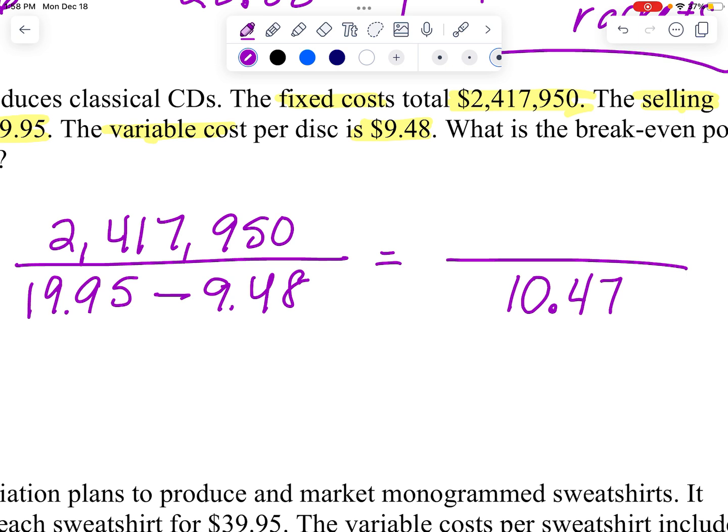Hopefully I'm getting the same answers as you guys. On the top, we have that 2,417,950 still. So you're going to finish the problem off by dividing those two. And make sure you are rounding to a whole number.